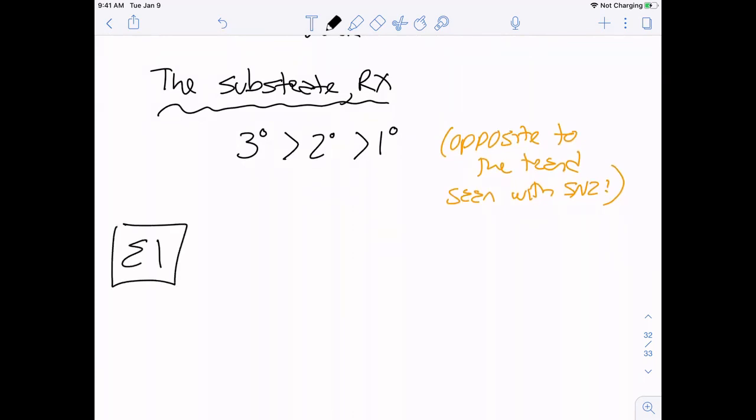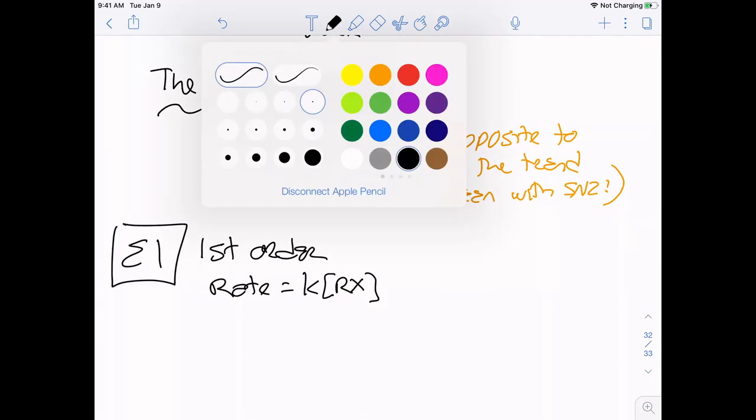E1. E1 were our first order reactions, right? This time my rate law only involves an alkyl halide. It doesn't involve my base. This one takes place in a two-step mechanism, where the first step is my rate determining step.